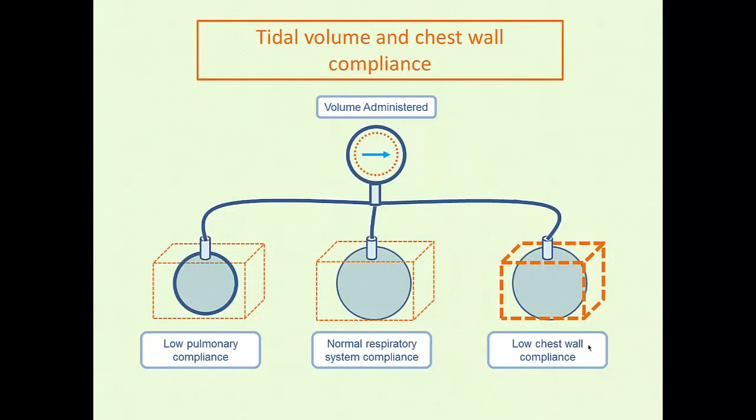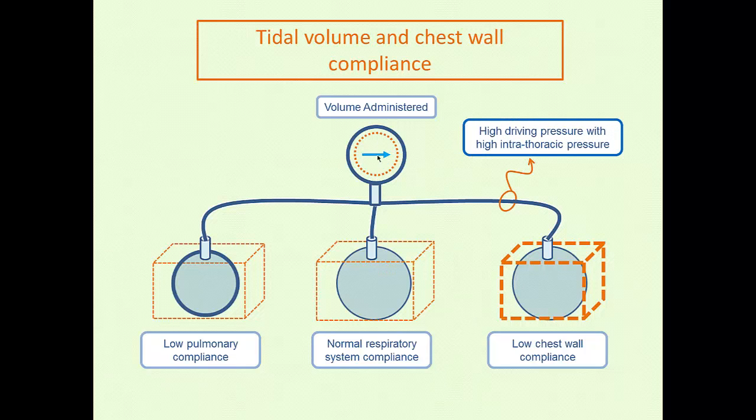And so that's low chest wall compliance. What's going to happen in the situation where it's low pulmonary compliance but a normal chest wall compliance? Well, there's going to be a minimal increase in your volume, okay? And intrathoracic pressure, the pressure between the lung and the thorax, is going to increase minimally. So in this situation, the pressure that this machine, this is your ventilator, right?